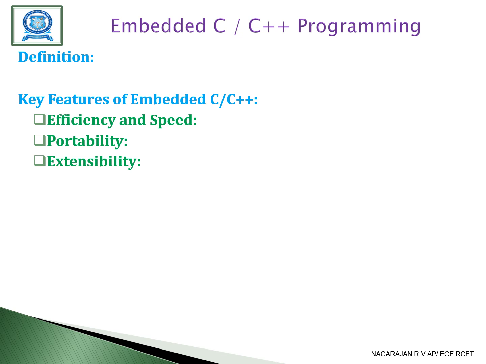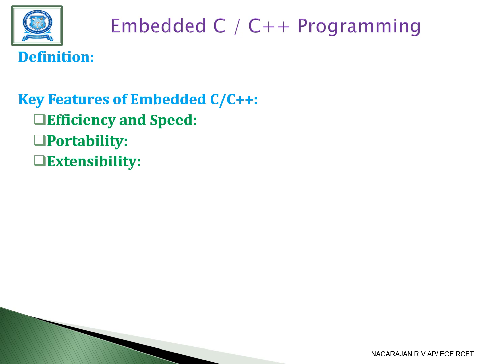And the next key feature is portability. Portability means code written in embedded C++ can be easily ported across different microcontrollers and processors with minimal modification, thanks to the standardized syntax and semantics of these languages.